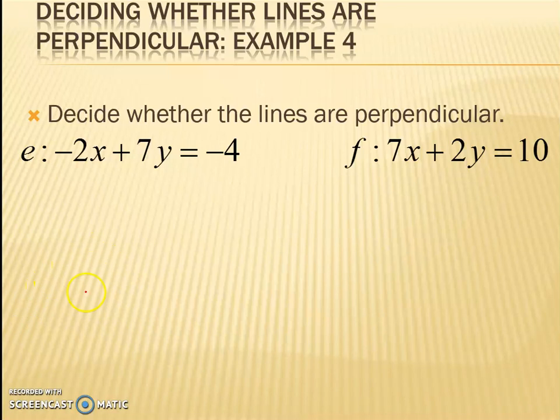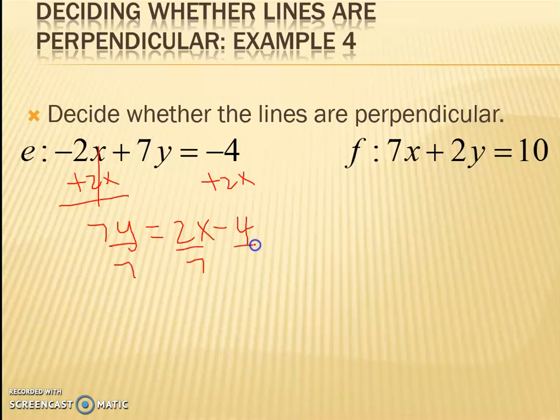So these two we're going to convert to y equals mx plus b, and then we're going to see if they're perpendicular to each other. We're going to add 2x on each side: 7y equals 2x minus 4. Divide by 7: y is 2 over 7 x minus 4 over 7. Let's convert this one.